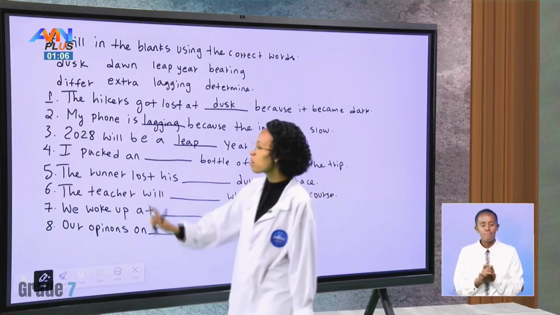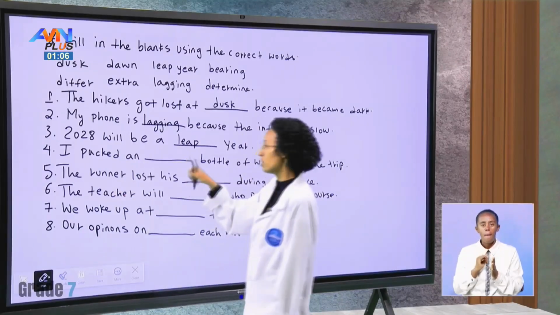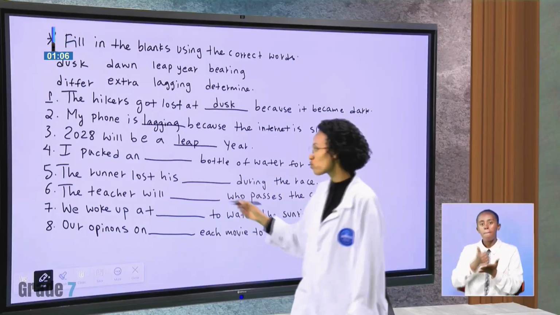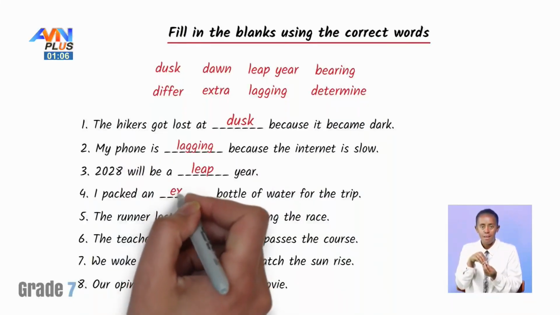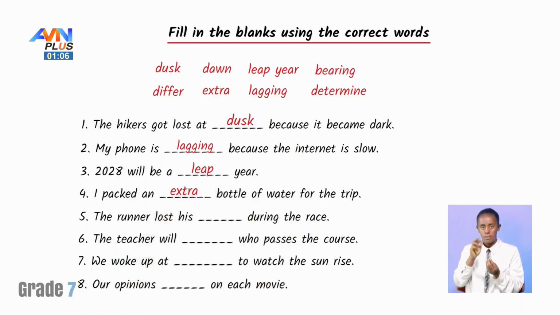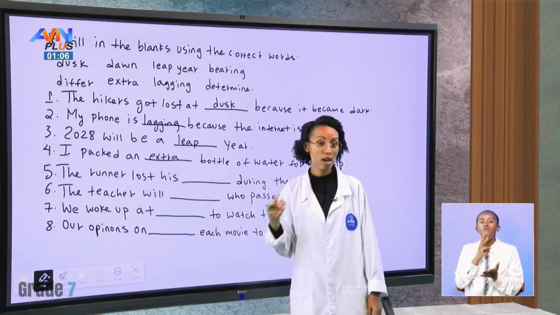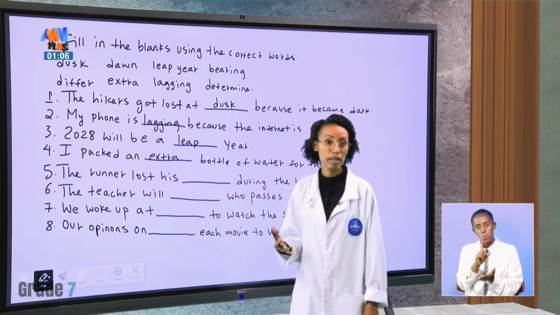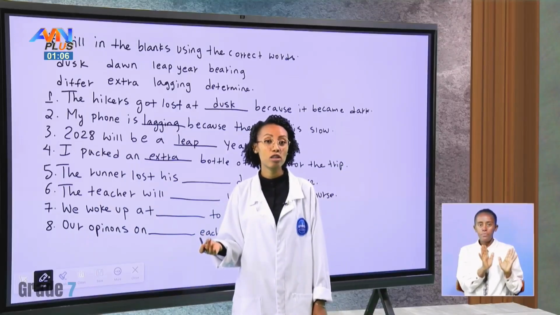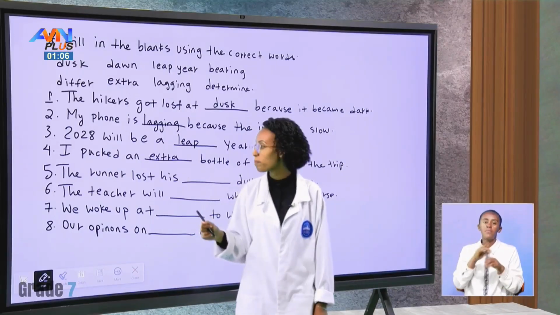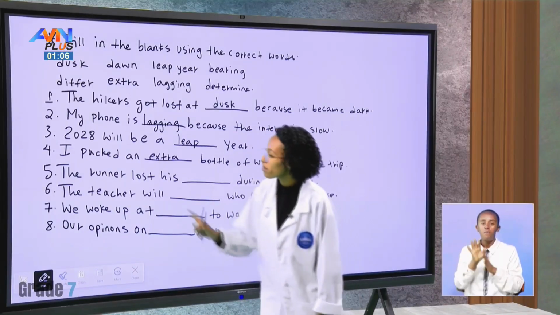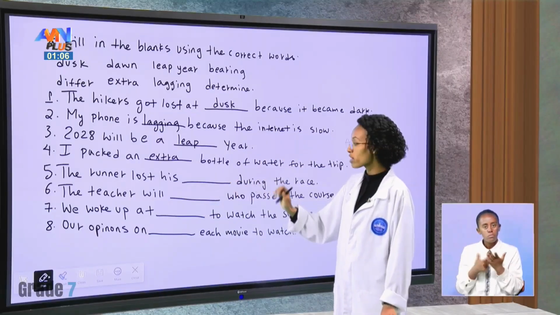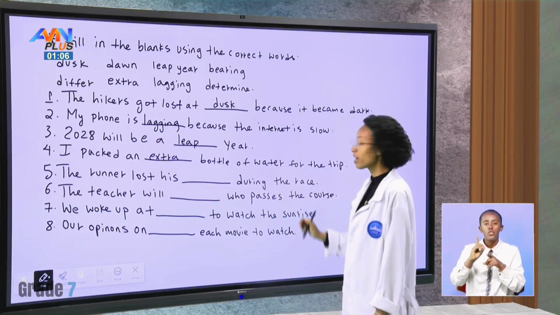Number 4, I packed an bottle of water for the trip. What? An extra bottle of water. You already have 1 or 2, let's say, but you have 1 that you need. If you add another more, then it is extra. Okay, number 5. The runner lost his, in this case, losing what? Direction during the race.